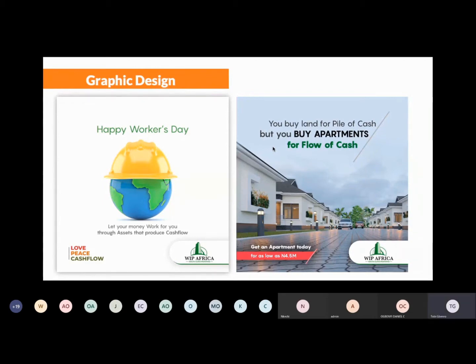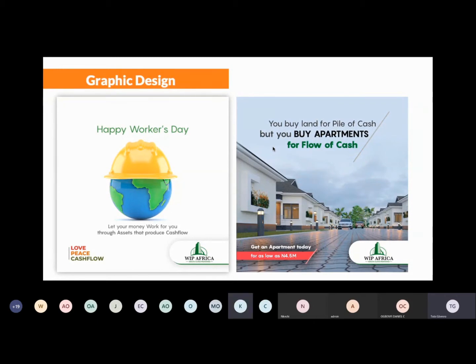You are supposed to use what you do to depict what you say, which is why I used a worker's helmet. I'm sure we all know what that is. That worker's helmet means someone that is actually working, which means the company is trying to greet all workers, including those that construct.